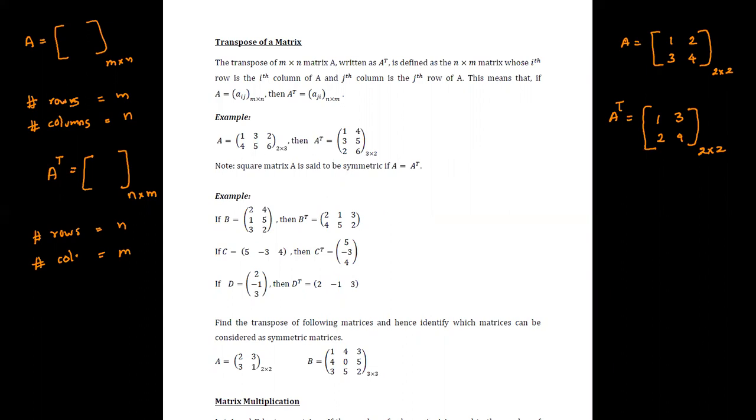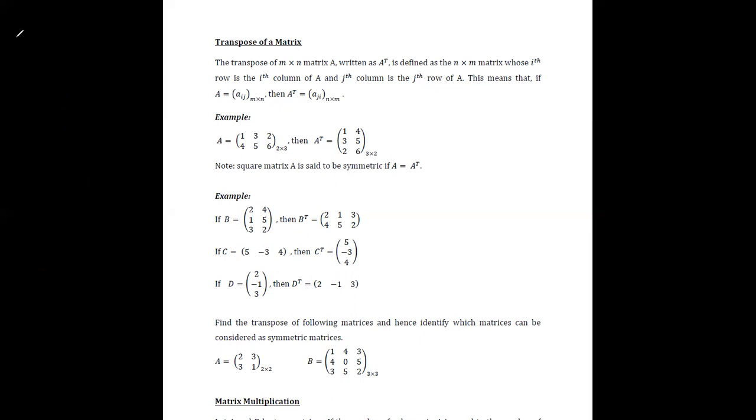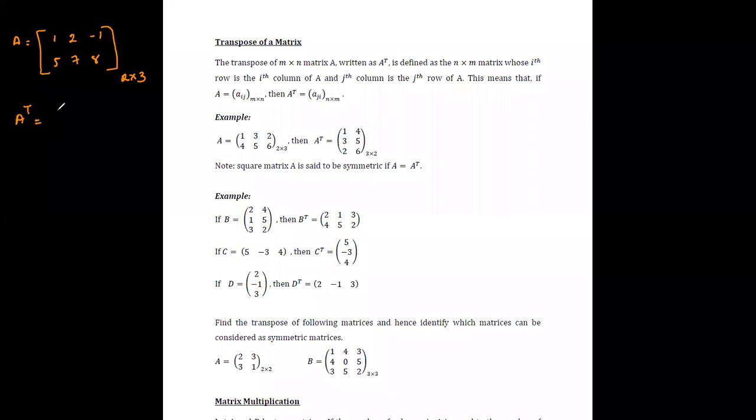Let's discuss another example. Suppose A is given as a 2 by 3 matrix: 1, 2, minus 1 in the first row and 5, 7, and 8 in the second row. It is a 2 by 3 matrix. If you are asked to obtain the transpose of this matrix, you have to convert the rows into columns.